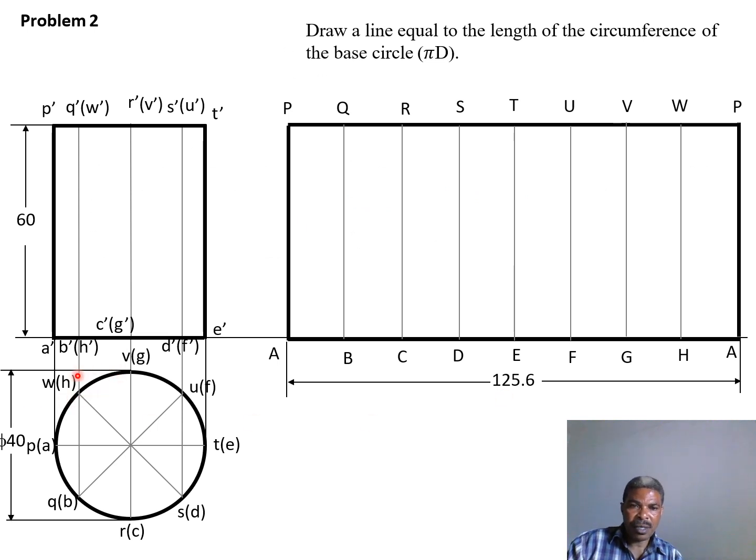First of all, you need to draw the plan or top view of our drum, followed by the front view. Then from the plan that has been drawn, you divide it into, let's say, 8 equal parts, and these 8 equal parts are labeled A, B, C, D, E, F, G, and H. As you can see here, they are labeled.